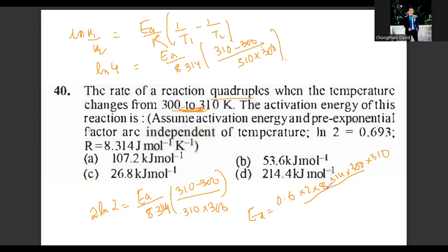After subtracting 310 and 300, you get 10. Okay, cancel this. 6 to the 12, 1.2 into 8, approximately 8.4, and then 314 into 300. You have to multiply, take the decimal approximately. In terms of kilojoule, this must be 107.2. So this will be option A. Option A is the correct answer for question number 40.